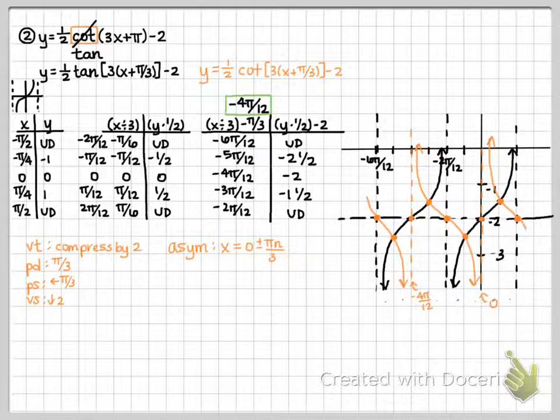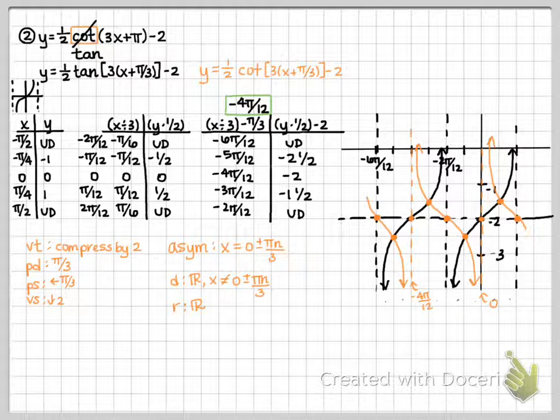Now I can do my domain. My domain is going to be all real numbers excluding the asymptotes. My range is the exact same range as tangent, which is all real numbers. Then for increasing, decreasing, and constant, this isn't constant anywhere.